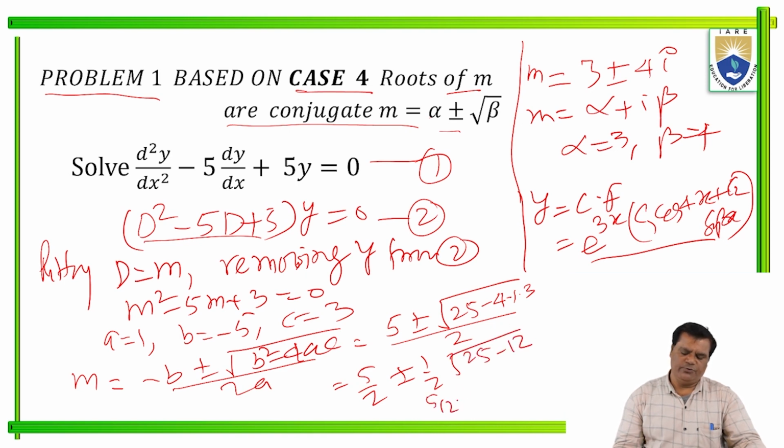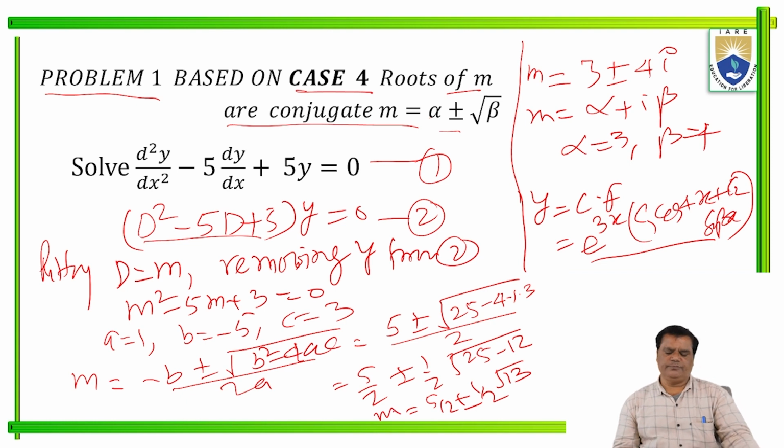So here 5 by 2 plus minus 1 upon 2 under root 13. This is the value of m: 5 by 2 plus minus 1 by 2 under root 13. This is alpha plus minus root beta.